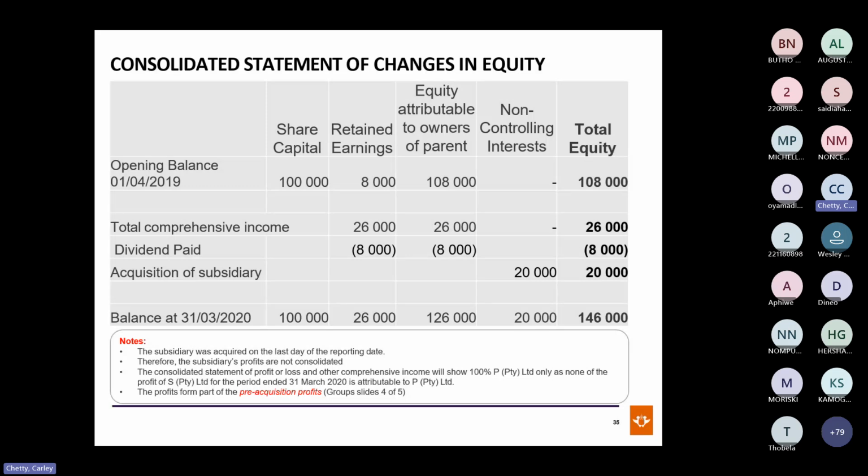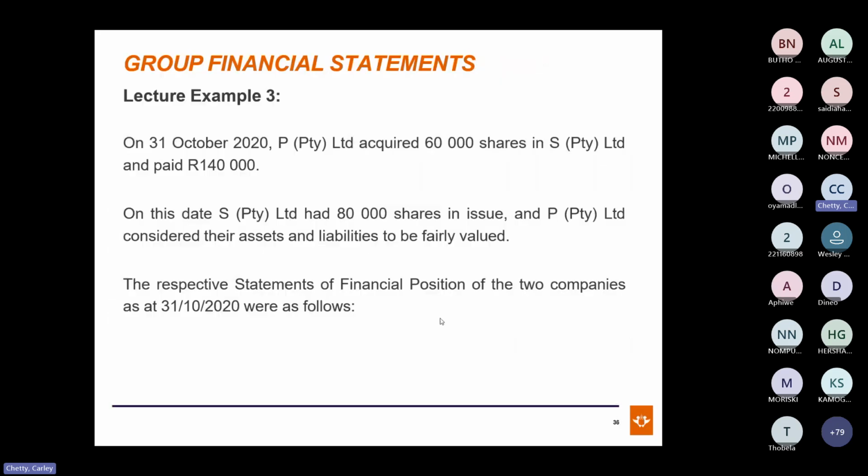Okay. So let's now have a look at the last example in our lectures. On 31 October 2020, P Limited acquired 60,000 shares in S Pty Limited and paid 140,000 Rand. On this date, S Pty Limited had 80,000 shares in issue, and P Pty Limited considered their assets and liabilities to be fairly valued.